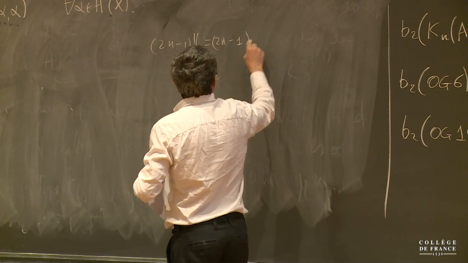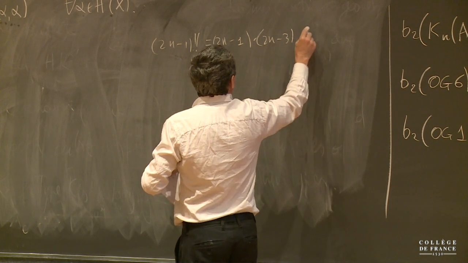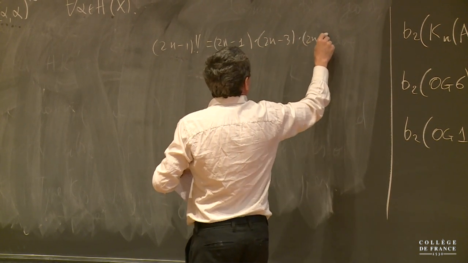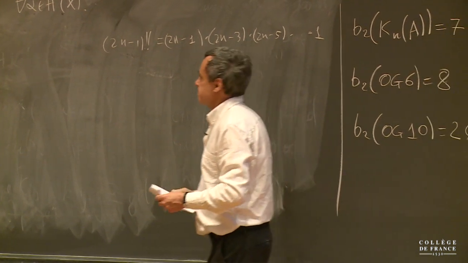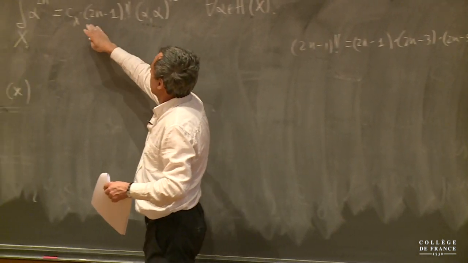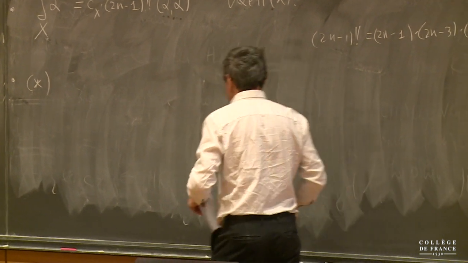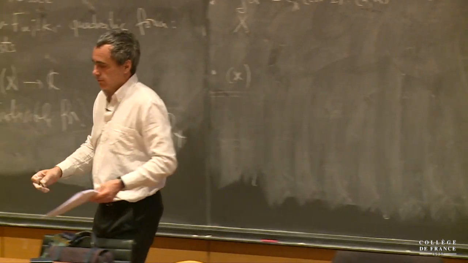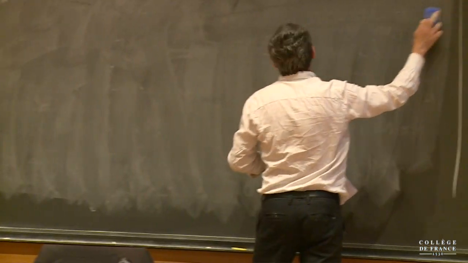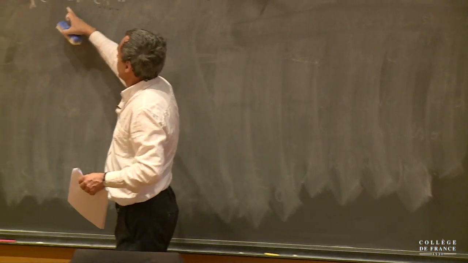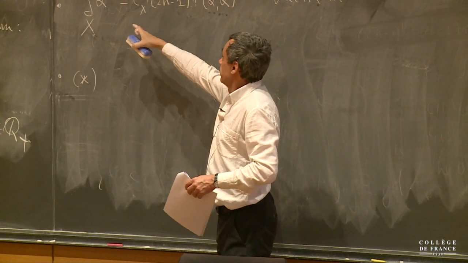So you skip 2 each time. I'm just normalizing it this way. I think that normalization should usually be there. It's convenient when you write things out, when you take the polarization of this polynomial.